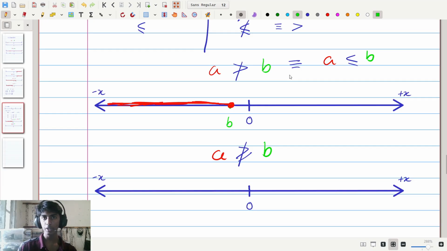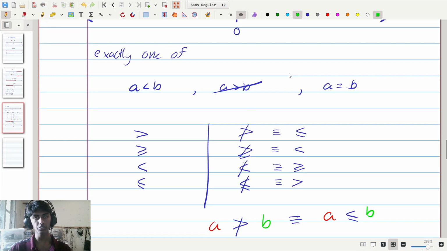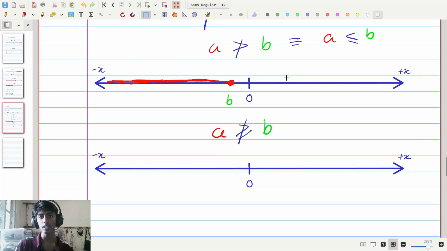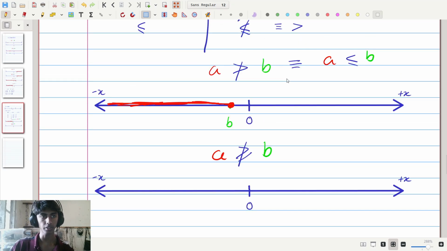So if A is not greater than or equal to B, then certainly A is not greater than B, and also A is not equal to B. Eliminating these two from the trichotomy, the only other thing that can possibly happen is that A is less than B. Therefore, the other way to write the fact that A is not greater than or equal to B is A is less than B. So here we have A not greater than or equal to B, which is identical to saying that A is less than B.